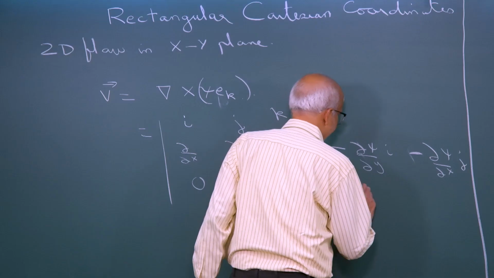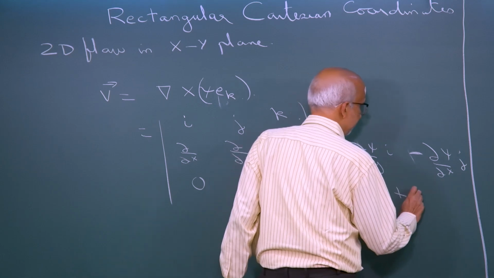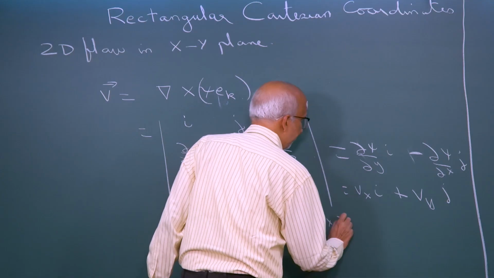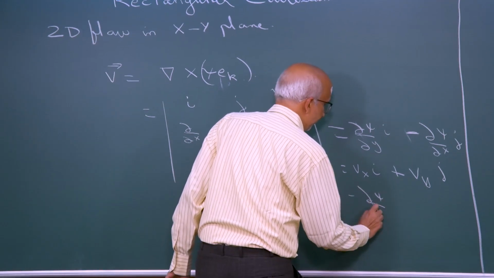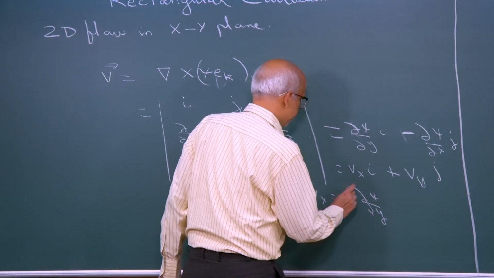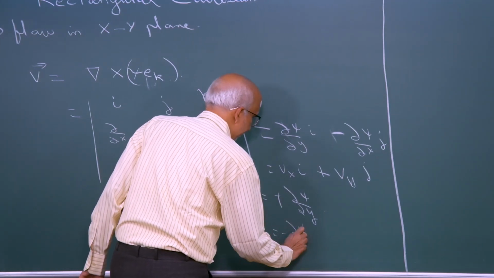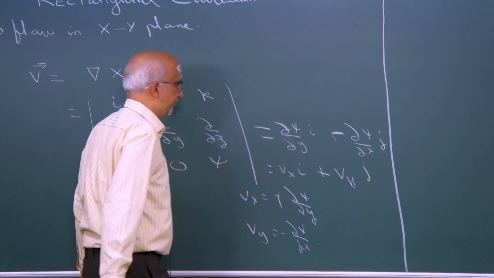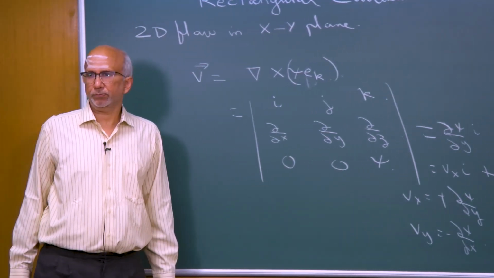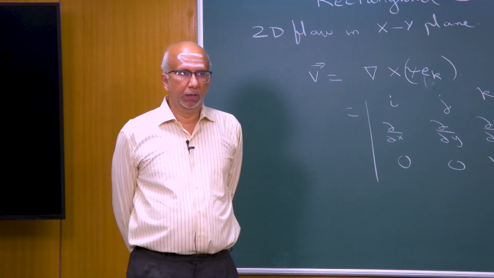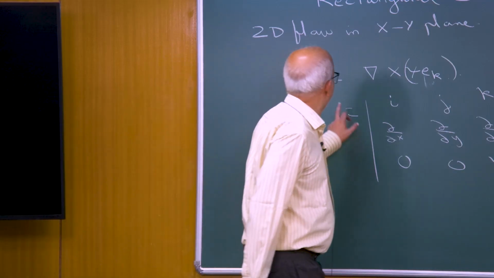So, this is Vx i plus Vy j, and we say Vx is plus d psi by dy, Vy is minus d psi by dx. Okay. So, this is your velocity vector.